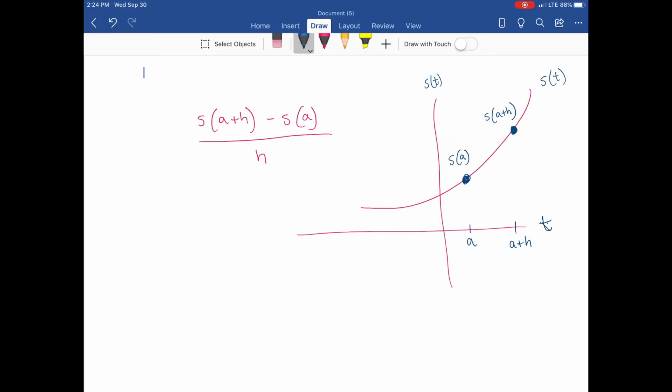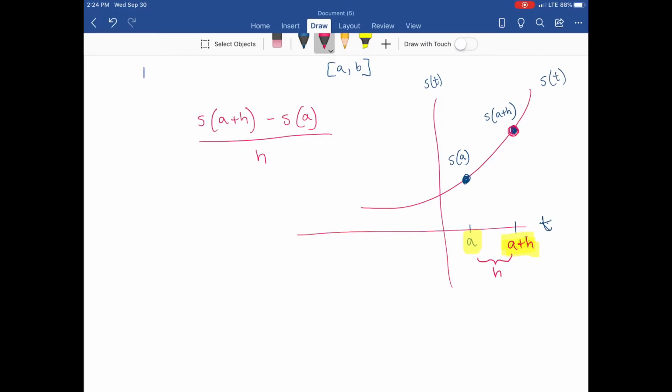Instead of saying it's these two points A and B, where we can just do S of B minus S of A over B minus A, we now say I'm picking this point A, but this point I'm going to refer to as a point that is h units away from A. So h fluctuates from time to time. So I would just refer to this as A plus h, and its corresponding y value is S of A plus h.